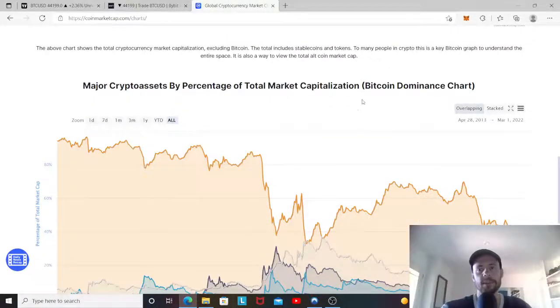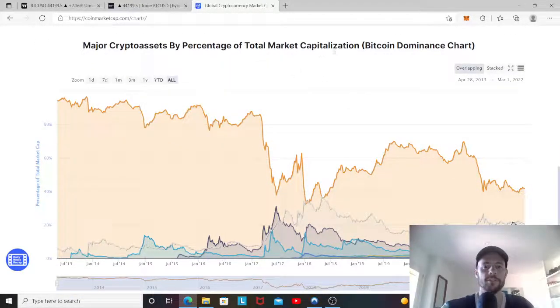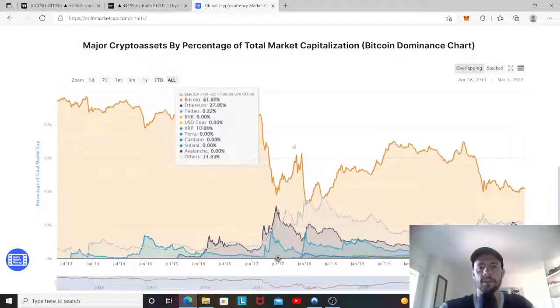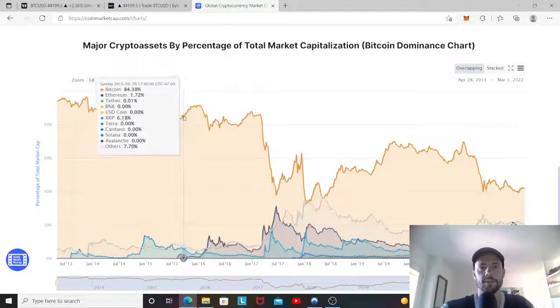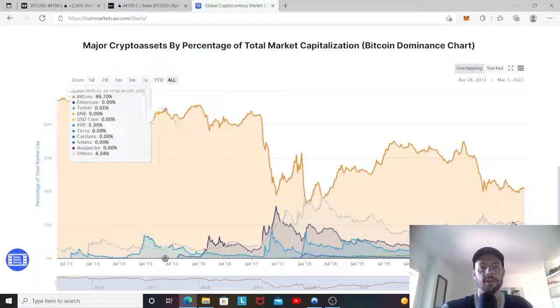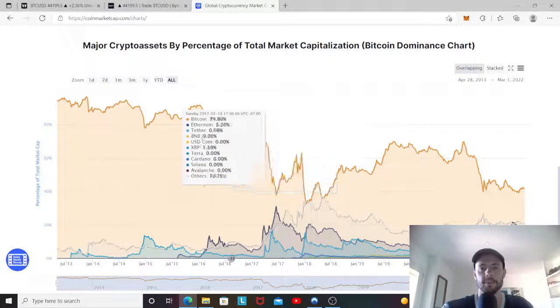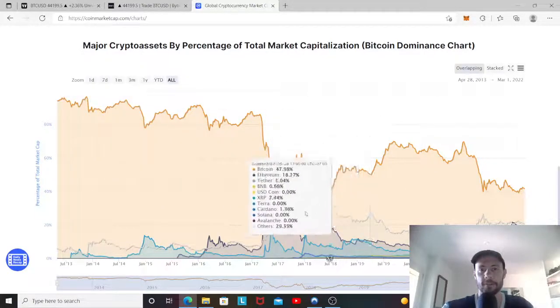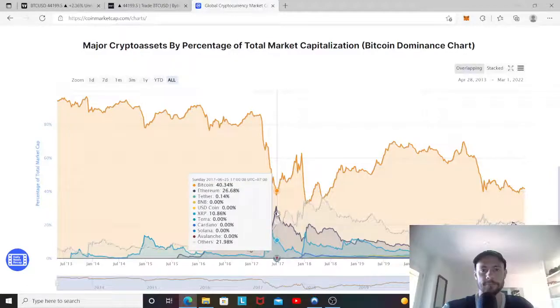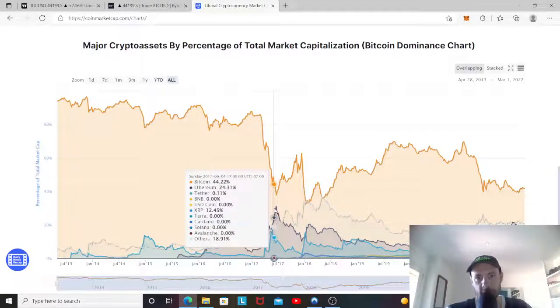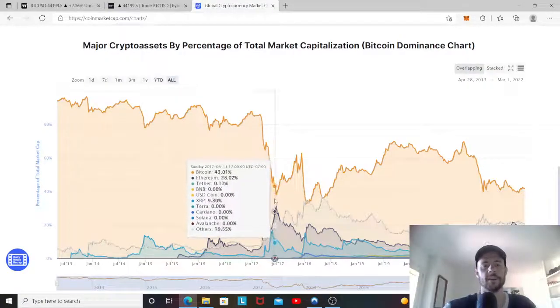And then this is the Bitcoin dominance chart. So it will show you basically how much of the total crypto market cap each coin was taking up. So Bitcoin taking up most of it. Back here in 2017, Ethereum got way up here, almost had the same percent of the market cap as Bitcoin.